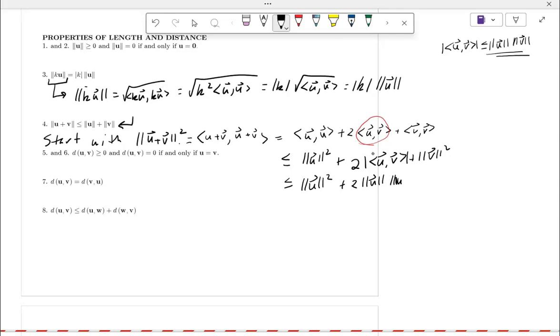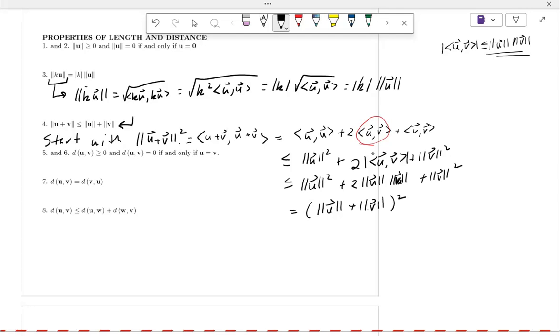So I replace that with 2 times the magnitude of u times the magnitude of v. And now this should look like x squared plus 2xy plus y squared. I can refactor that, can't I? That factors as the magnitude of u plus the magnitude of v, the whole thing squared.